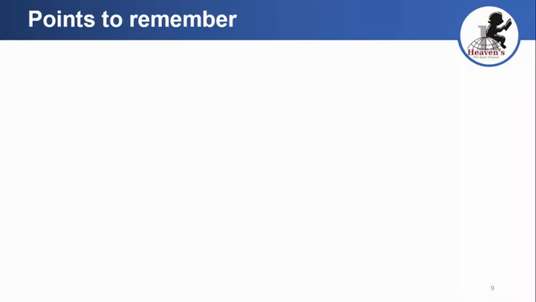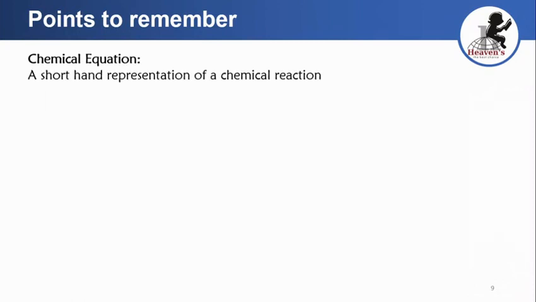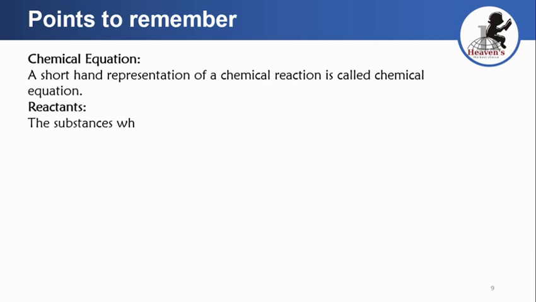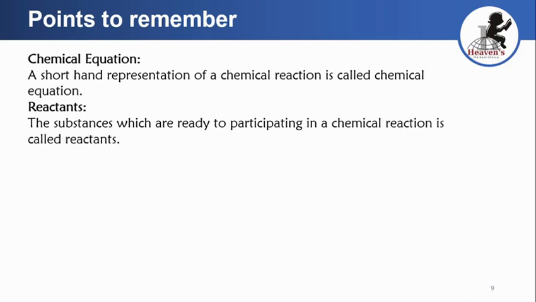Next. From this previous activity, we have to know what is chemical equation. A shorthand representation of a chemical reaction is called a chemical equation. In the chemical equation, we write the left-hand substances, those are called reactants. What are reactants?